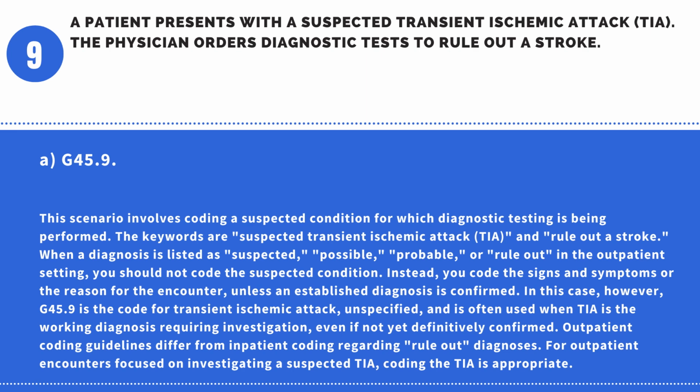Instead, you code the signs and symptoms or the reason for the encounter, unless an established diagnosis is confirmed. In this case, however, G45.9 is the code for transient ischemic attack, unspecified, and is often used when TIA is the working diagnosis requiring investigation, even if not yet definitively confirmed.